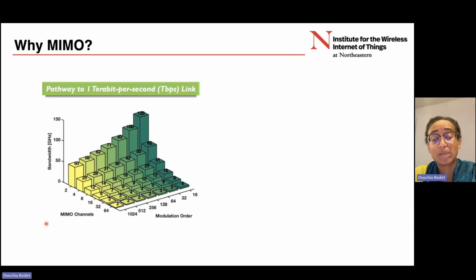These broad windows of bandwidth aren't the only ways we're going to reach our 1 terabit per second link though. In this plot, we're showing how much bandwidth you would need for a given number of MIMO channels and a given modulation order. For example, if we are using 2 MIMO channels, we would need modulation orders of 1024 QAM and bandwidths of 50 gigahertz to hit our 1 terabit per second link.